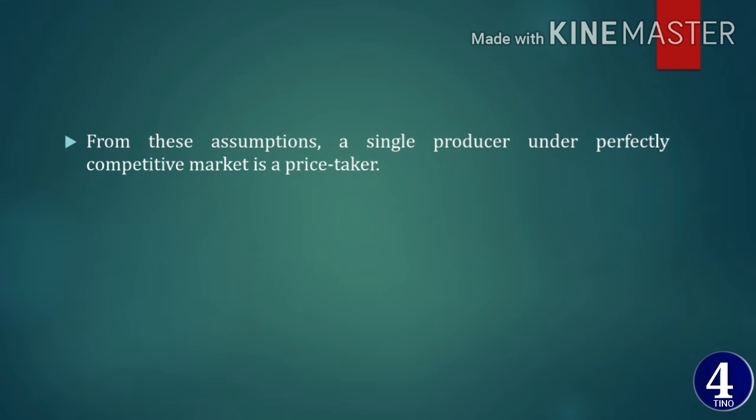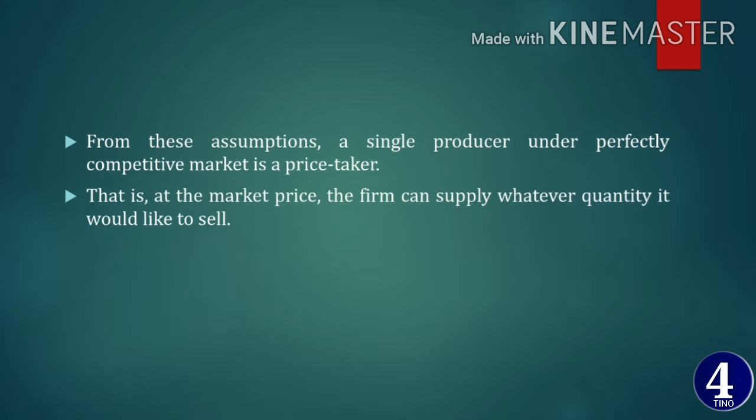But in this case, our sellers are price takers, as well as the buyers. By the way, buyers are also price takers here. So who determines the price? Who determines the price is the question. In order to answer that question, we will be looking at a graph after a little bit of discussion. That is, at the market price, the firm can supply whatever quantity it would like to sell.